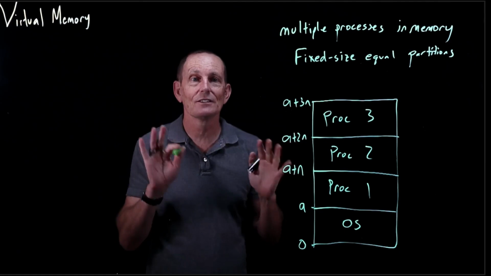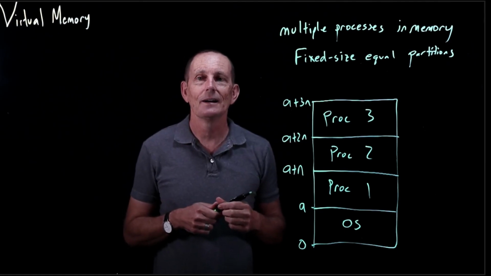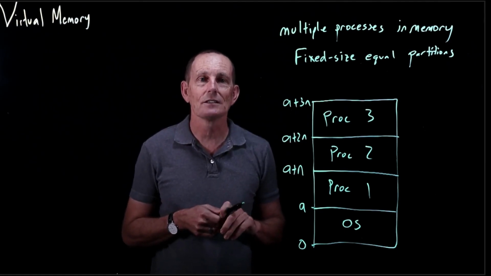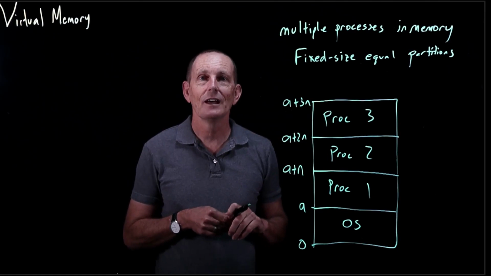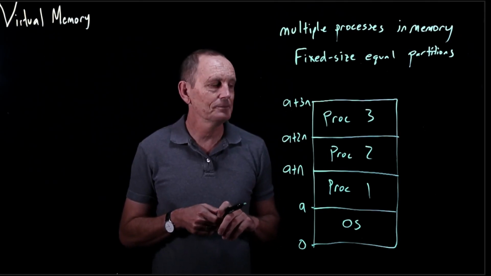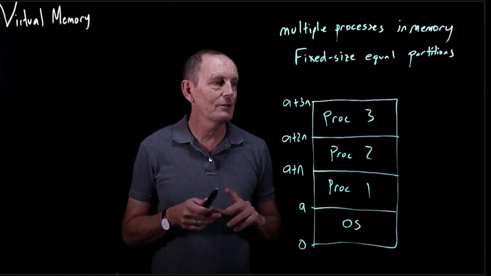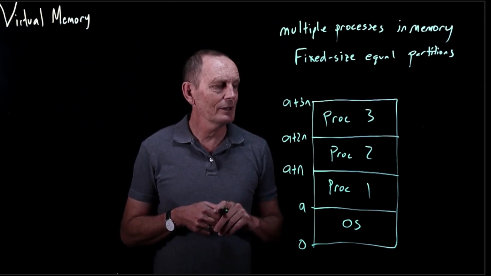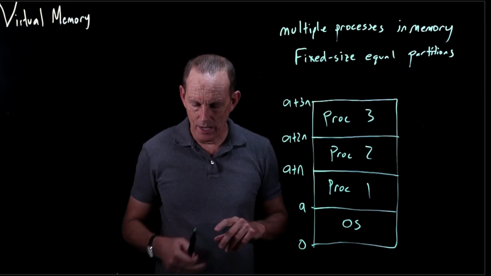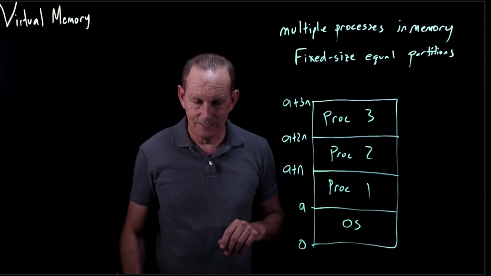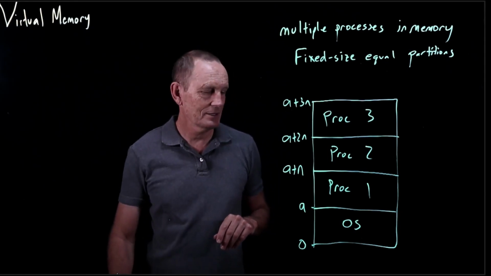But will it work? So let's just assume everything is fully functioning, in the sense that each process is both bug-free and not malicious. Well, yes, it will work. What are the downsides? Well, let's say process 1 doesn't really need to use all this space.